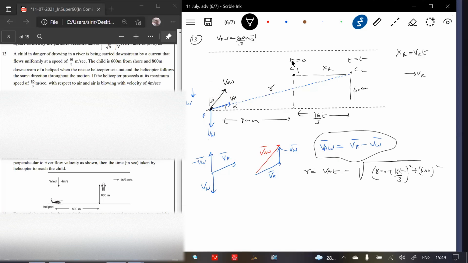We know VAW and VW. We just need VA. The angle between them is not there. So I think we have to put effort here. Somebody is asking how to calculate theta.